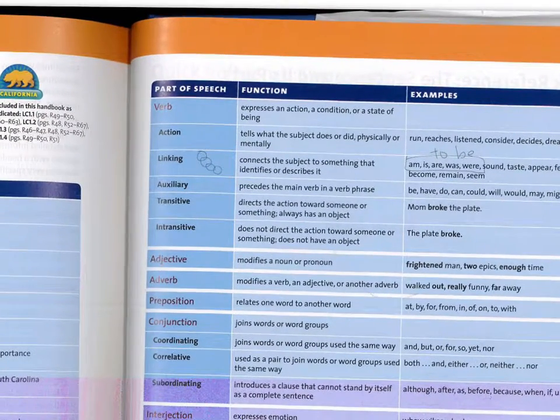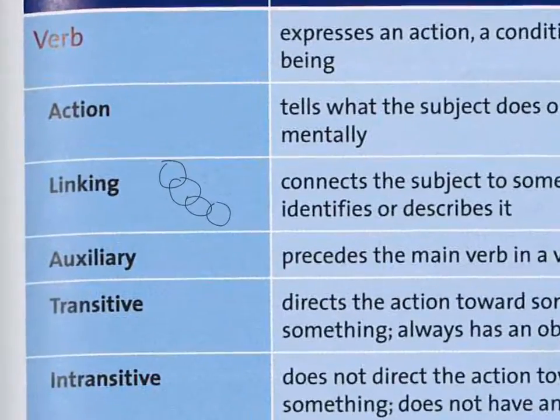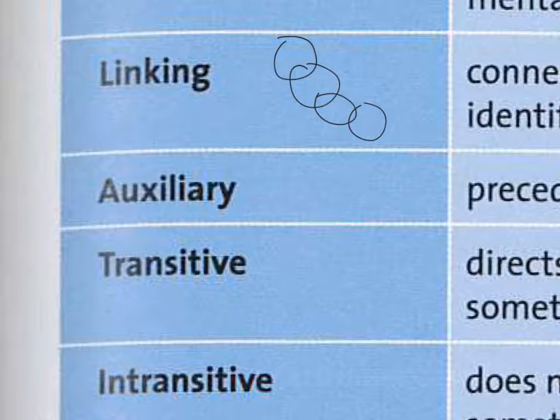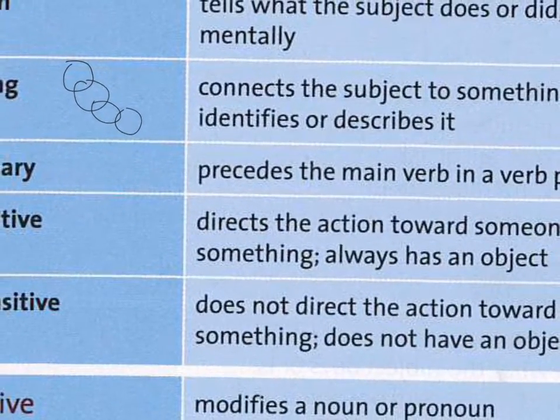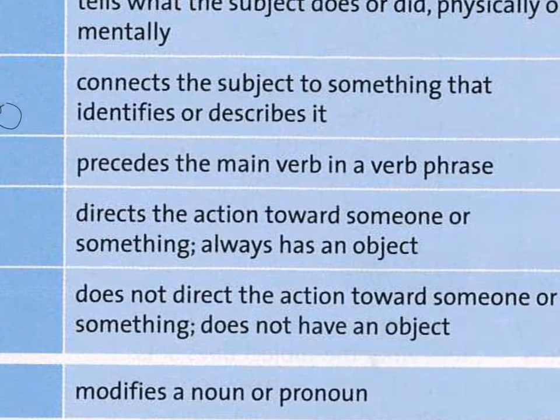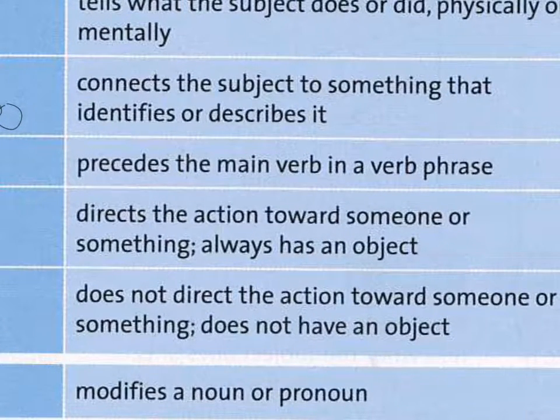Now we have what's called auxiliary verbs. Auxiliary. Strange word. So auxiliary verbs, an auxiliary verb precedes, comes before the main verb in a verb phrase. So again, you know a phrase means a group of words.